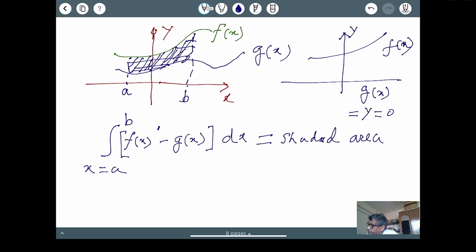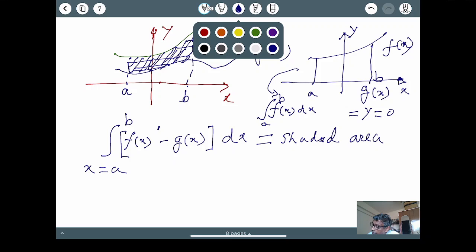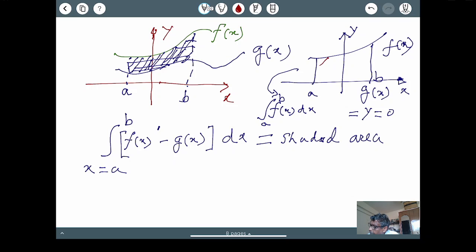Then if you integrate once again from a to b, this will actually be the integration of f(x) dx from a to b, and this will be the enclosed area, that is this one.